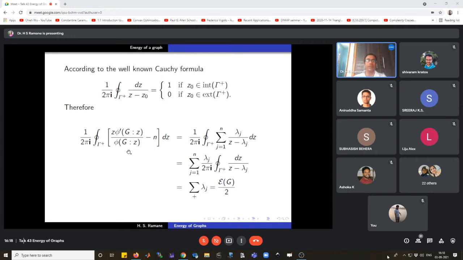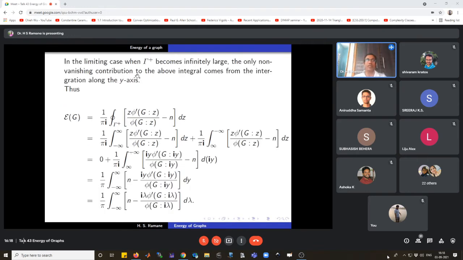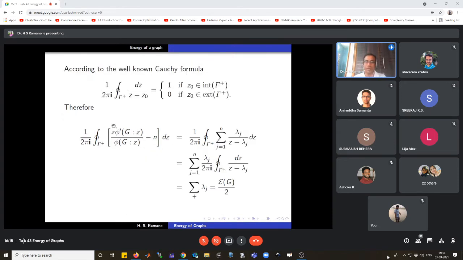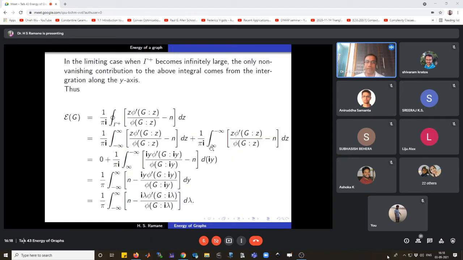So in the limiting case, when this gamma plus becomes infinitely large, the only non-vanishing contribution to the above integral comes from the integration along the y-axis. This integration will be split into two parts: from minus infinity to plus infinity along this curve, and then infinity to minus infinity.